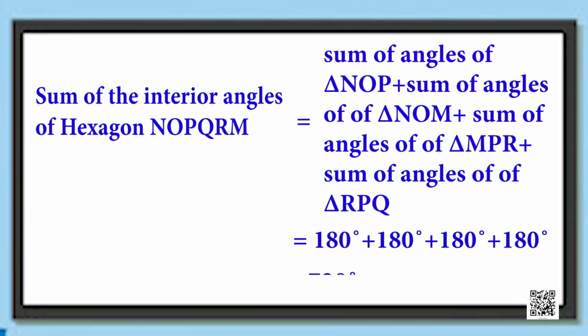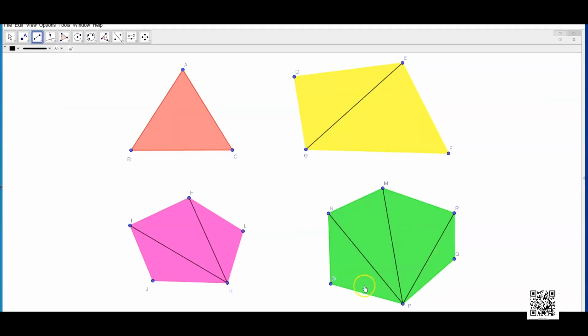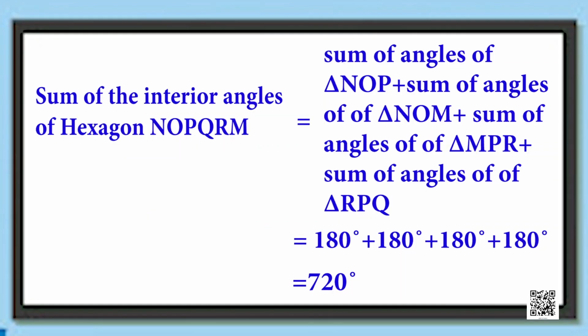So, the angle sum of this hexagon, which is N, O, P, Q, R and M, will be equal to the sum of the angles of these 4 triangles, which will be equal to 180 plus 180 plus 180 plus 180, and hence it will be equal to 720 degrees.